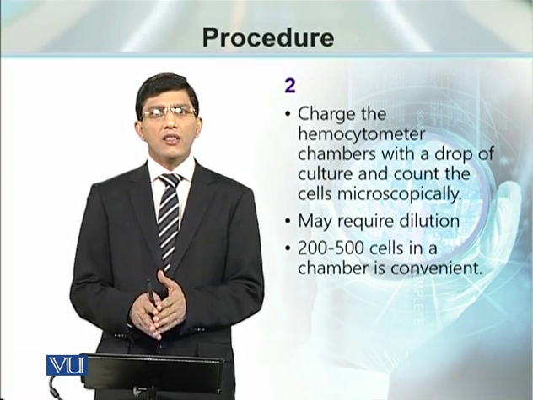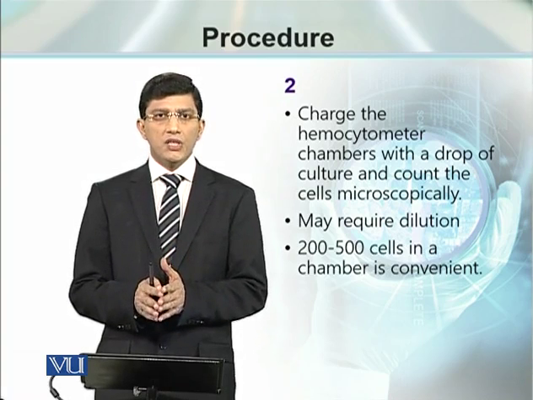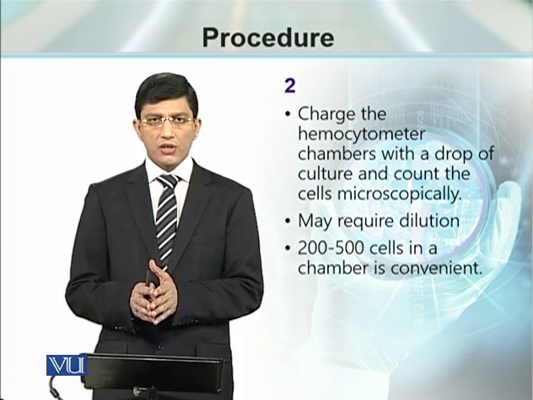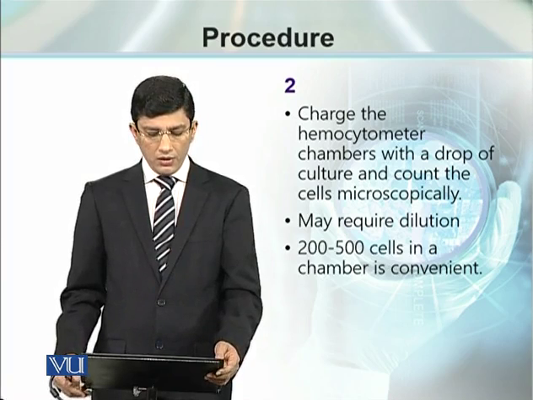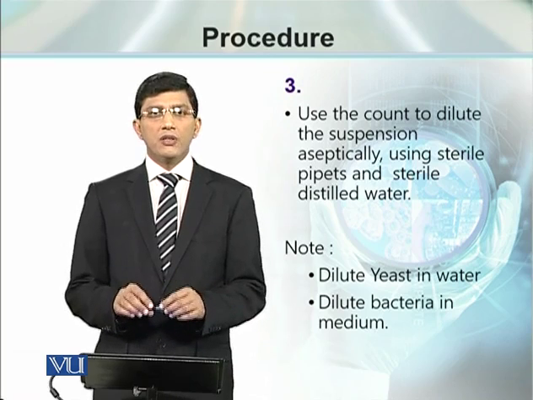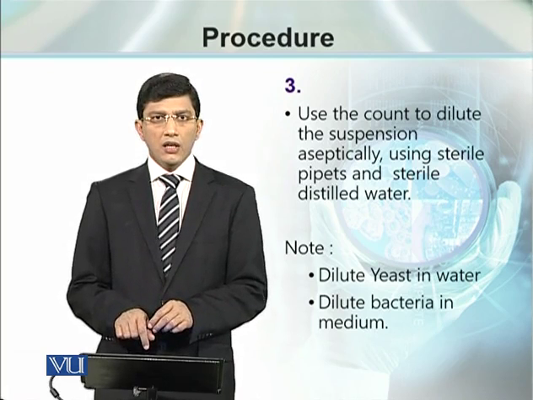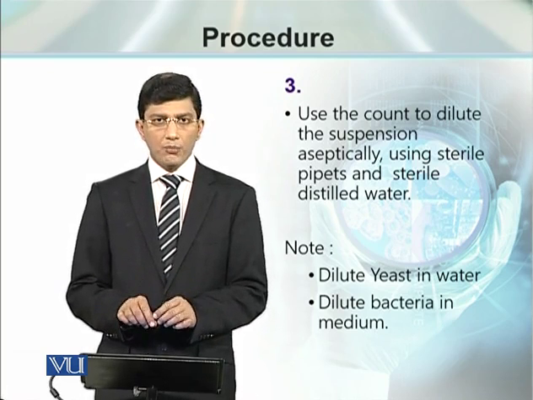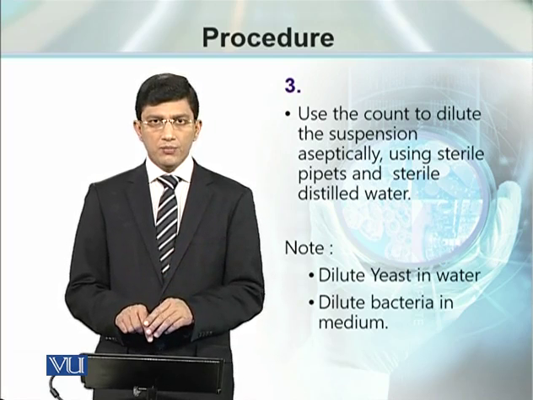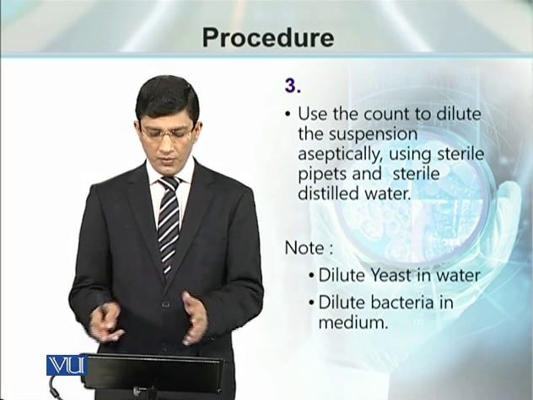As the cell density in the original culture is quite high, so use of the hemocytometer may need some dilutions of the original culture. Once the number of cells per milliliter have been counted using hemocytometer, we can dilute our sample so as to reduce the number of cells per milliliter and to go further for inoculation.